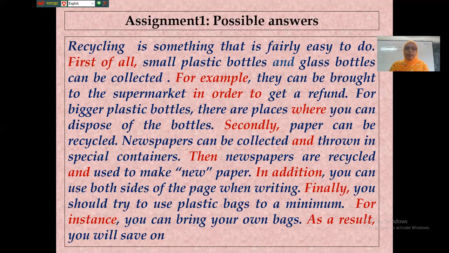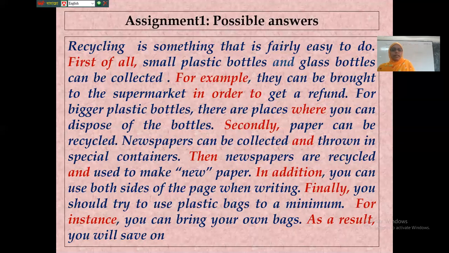And secondly, paper can be recycled. Newspaper can be collected and thrown in special containers. Then newspapers are recycled and used to make new paper. In addition, you can use both sides of the page when writing. Finally, you should try to use plastic bags to a minimum. For instance, you can bring your own bags. As a result, you will save on plastic bags.